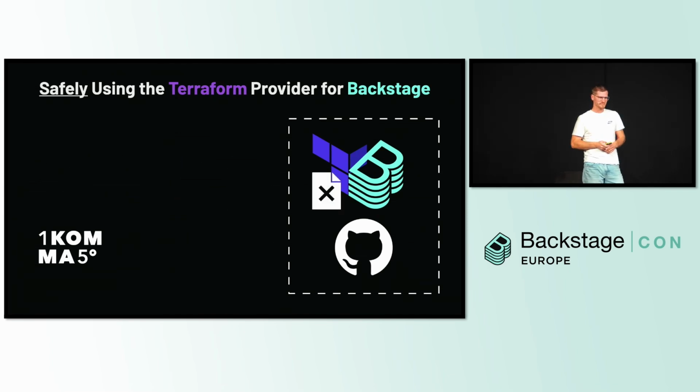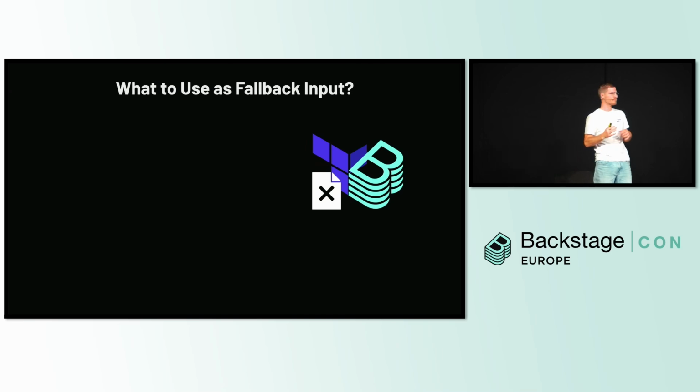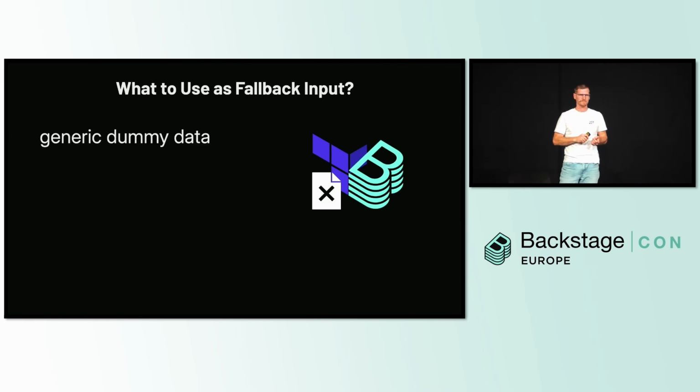Just love it. And we took the provider, and what should we use as a fallback input? We never really thought about it at that point. We just said, hey, we need some fallback. This can't work like this. Well, we could use generic dummy data, but then we're back at the stage of the static fallback module.